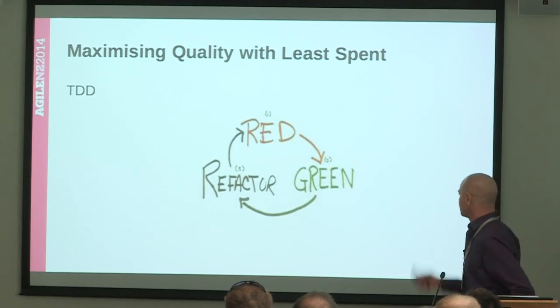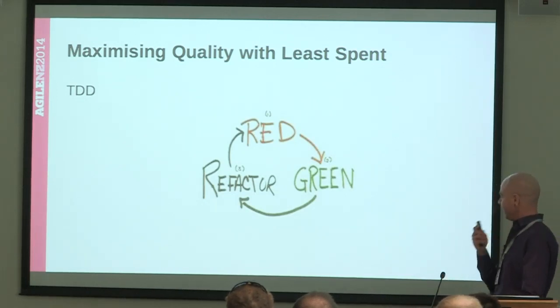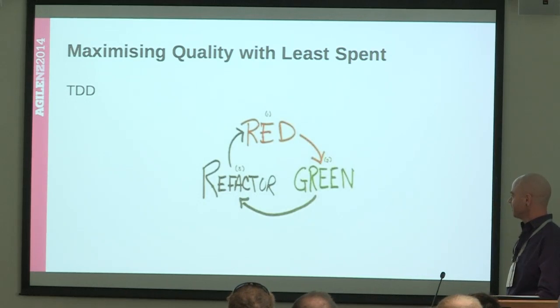Cool. Okay, so basically what we're doing in this cycle here is we've got our specifications, and we're converting our specifications into tests, and then we're running our tests. The tests fail, that's the red, and then we write the smallest amount of business logic that we can in order to get that test passing, and that's our green.